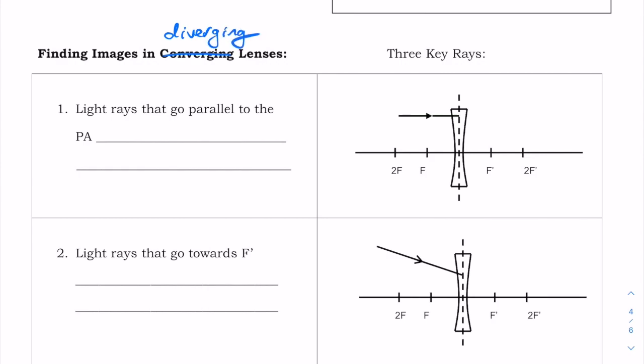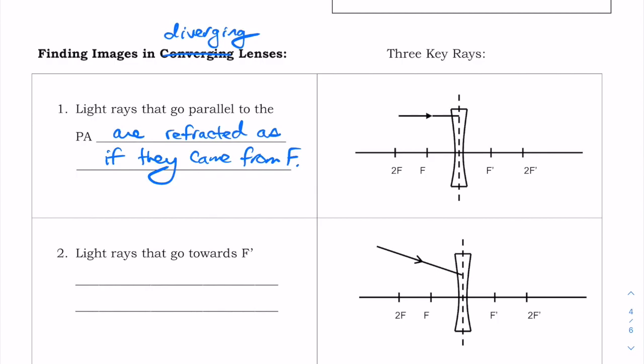Okay, so in a similar way, we're going to use three key rays of light, and the rules are very similar. The first ray of light is one that travels parallel to the principal axis. This one refracts, but rather than converging, the ray of light diverges. It's going to appear that it came from F. Let me show you what I mean.